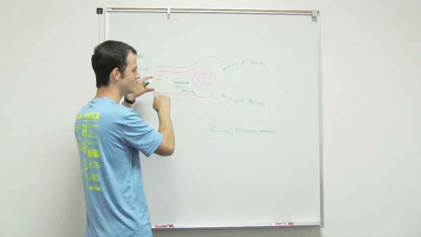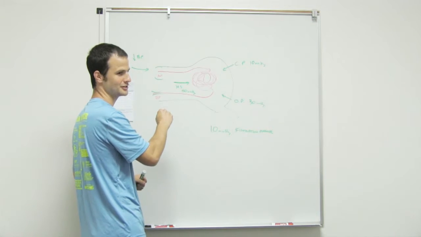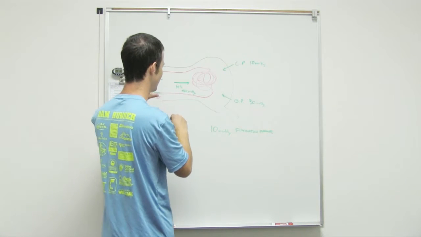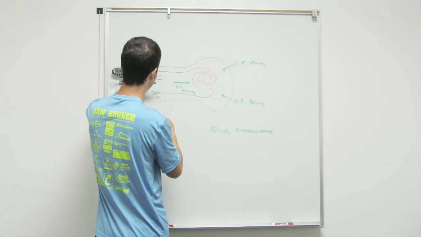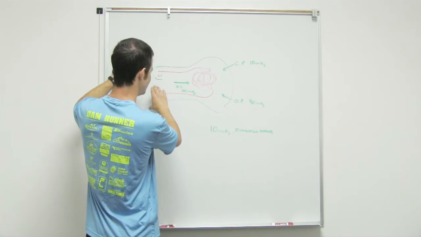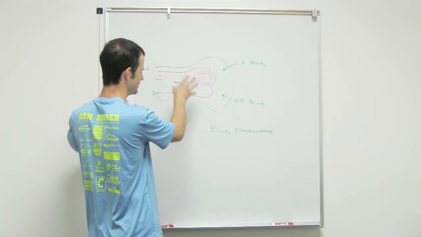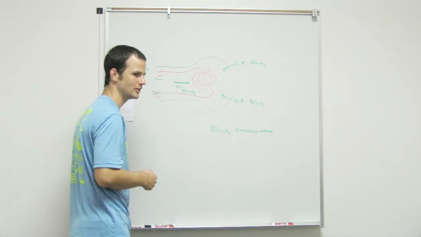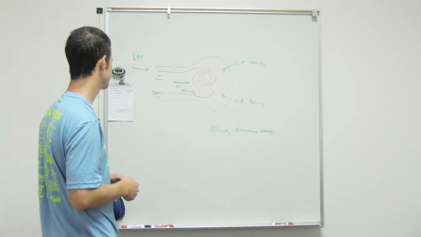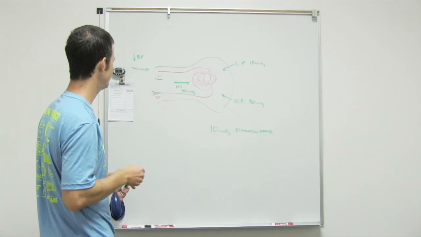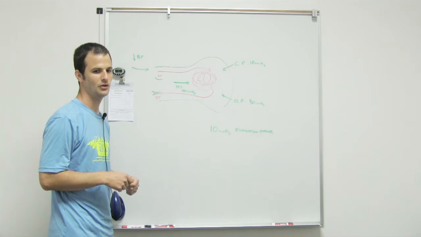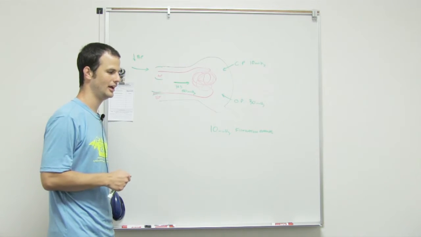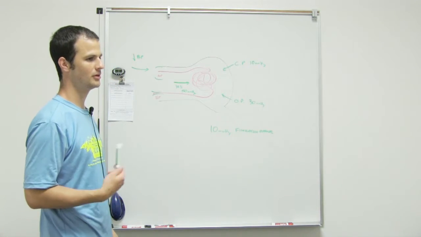It's not like it completely constricts it, but this is how it fine tunes it. It opens up, and then to fine tune it, it constricts here a little bit to bring this pressure up to where it needs to be. This is an instantaneous regulator, but there are also hormonal regulators.